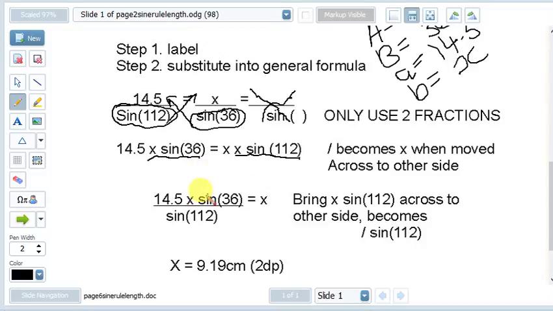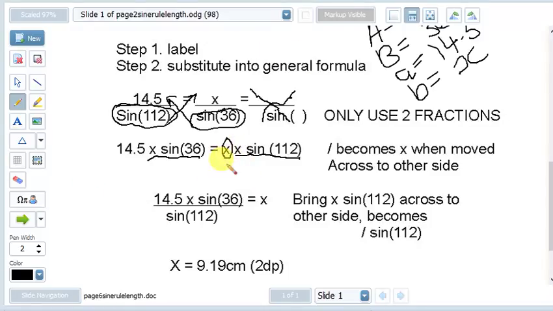Okay, so that is what's called cross multiplication. A divide on one side becomes a times on the other. So now we've got our unknown, which in this case is this x here, and that's x times sine of 112.